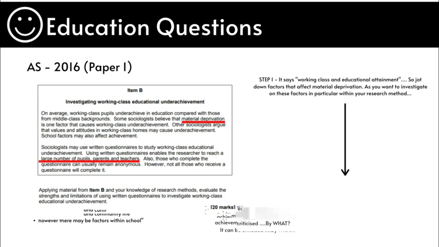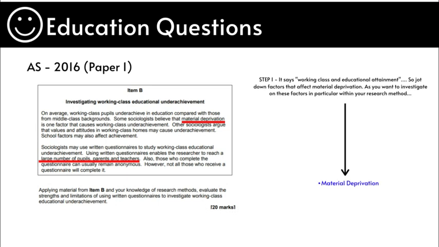What factors affect working class educational achievement? Jot them down. Okay, you must have jotted down something. So I got down material deprivation, cultural capital, which parents have, cultural deprivation, setting and streaming, and differentiation via polarization. So these things you need to know. These are things you want to find out when conducting your research method.